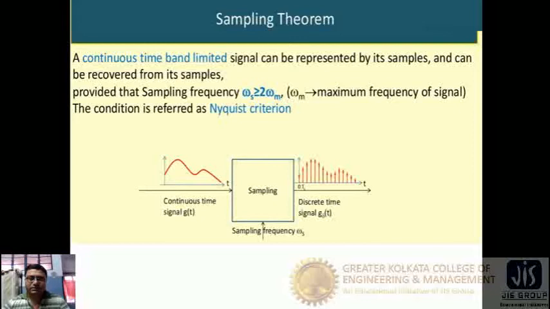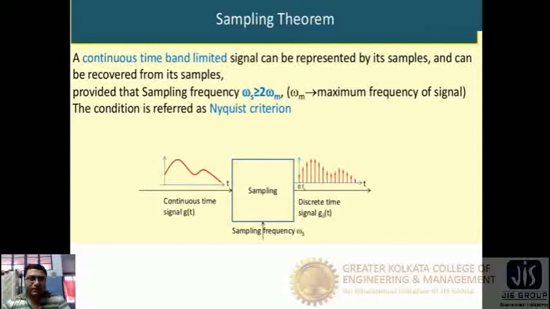That means twice the maximum frequency present in the input signal. This condition is referred to as the Nyquist criteria.